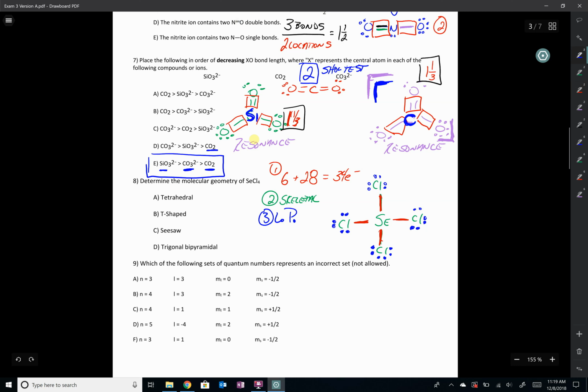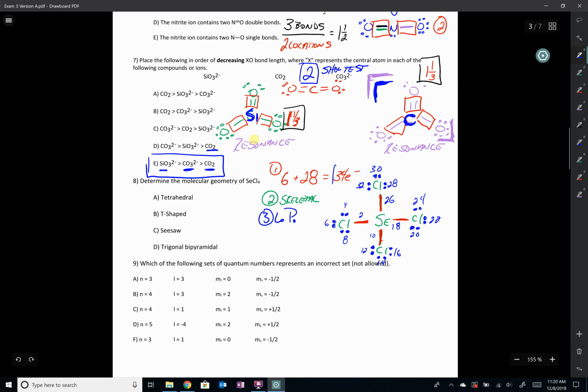We get all the way through here, 2, 4, 6, 8, 10, 12, 14, 16, 18, 20, 22, 24, 26, 28, 30, 32. So we only use 32 electrons to draw this structure.